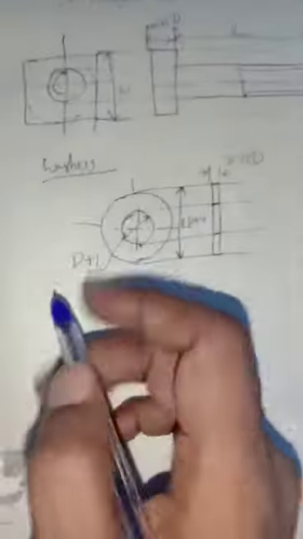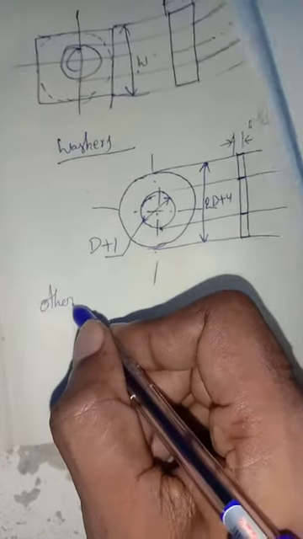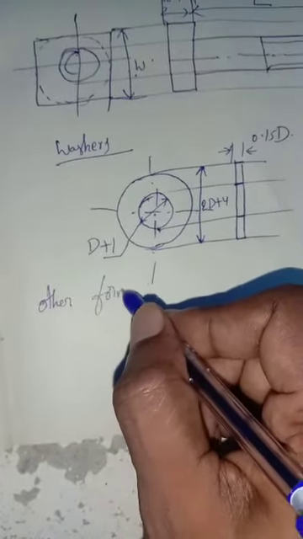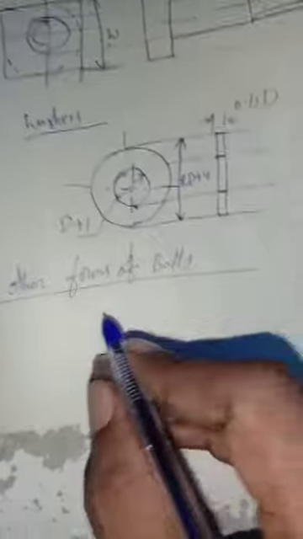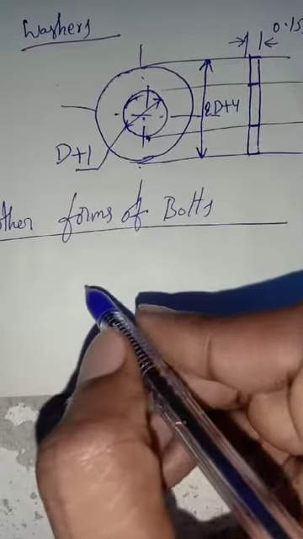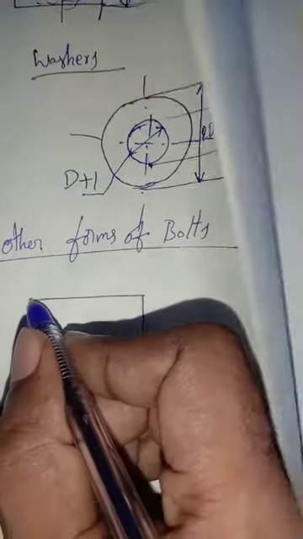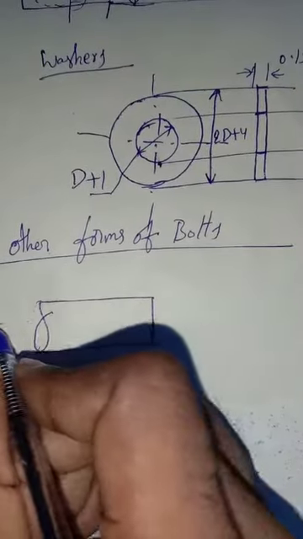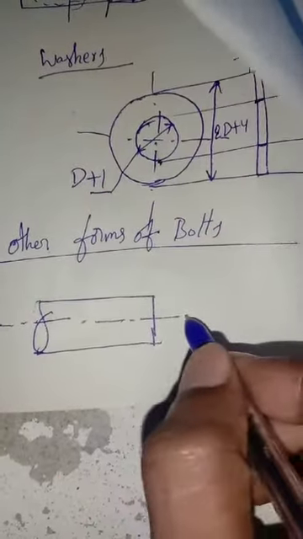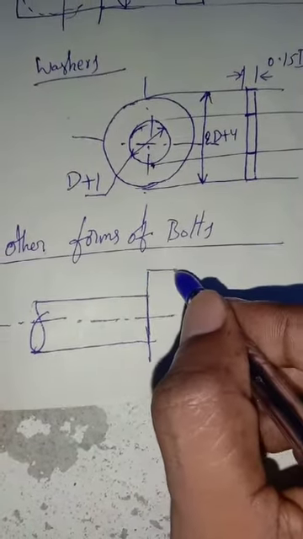Okay, and now let us go to other forms of bolts. Now we should know about other forms of bolts. Okay, now we see here other forms of bolts. This is one type of bolt I am going to draw. And see this is the axis. Okay, this now is coming from the head.